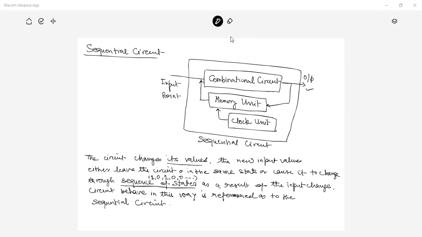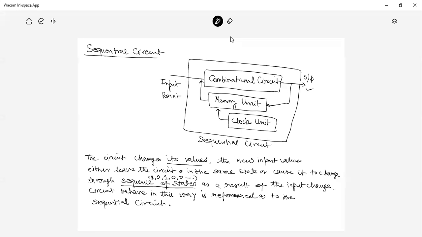Whatever the state may be, as a result of the input changes the circuit behaves in this way. In this way means something like the input control. If the circuit output is changing according to the input, then we call it the sequential circuit.